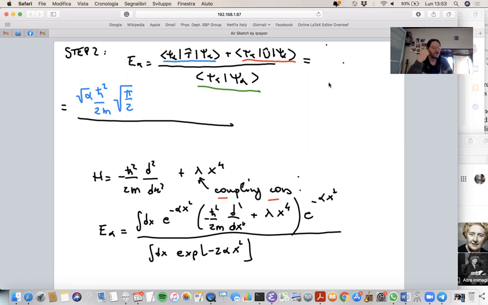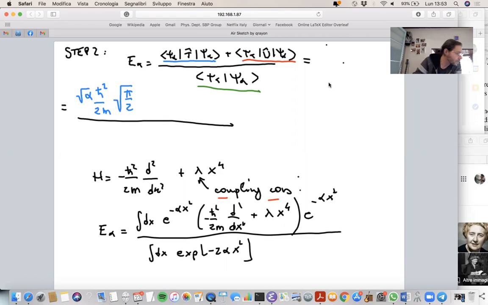So first of all, we have a very simple finding. The kinetic energy contributes to the energy in a positive definite manner. That's not particularly surprising because the kinetic energy is a positive definite quantity. And I expect the same to happen with the potential too, because this potential is positive definite. So no big surprise there.